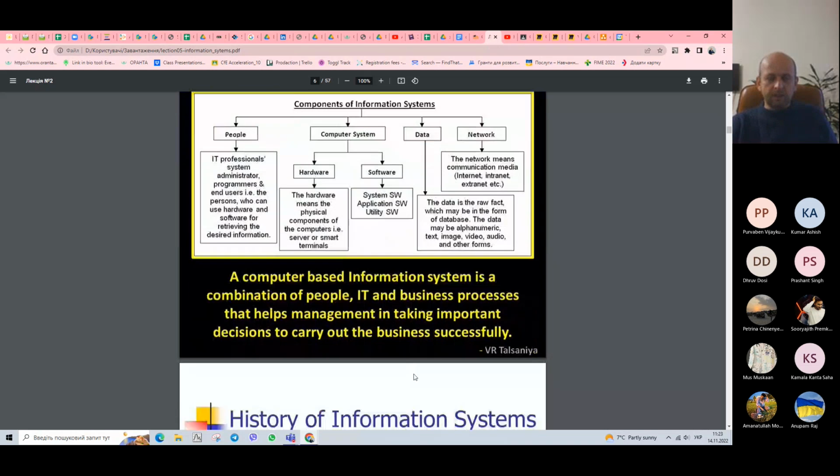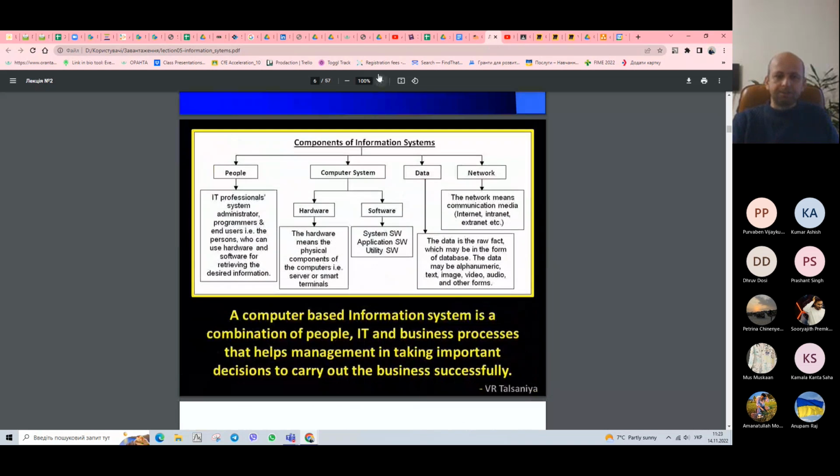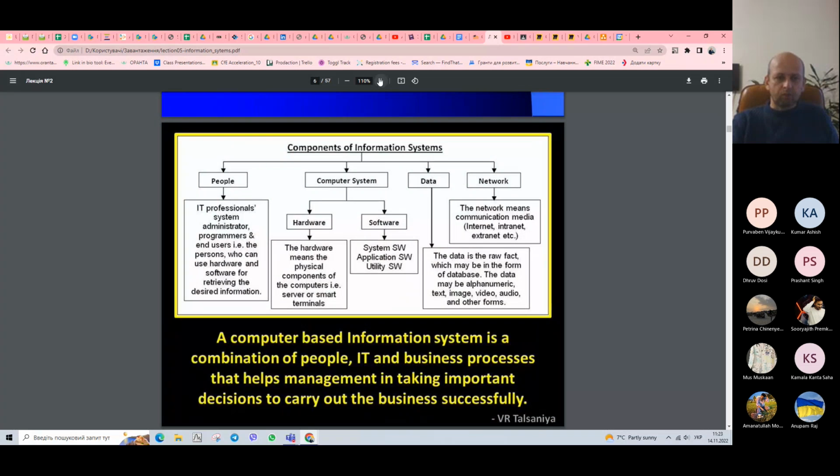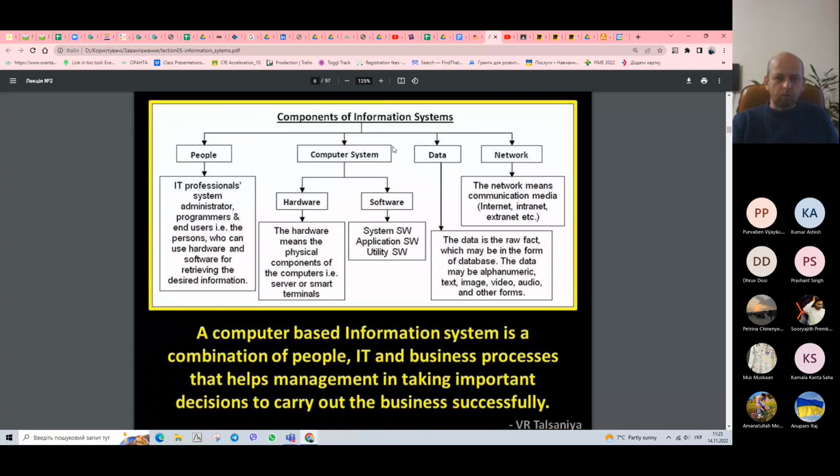In this slide, we can see the components of an information system.